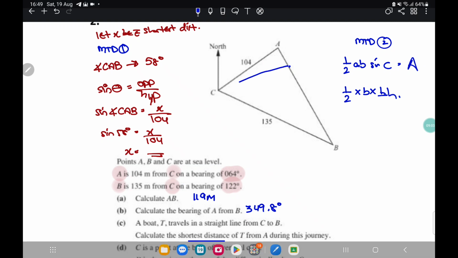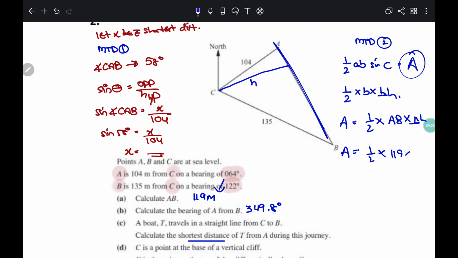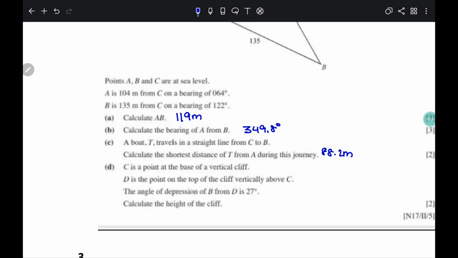If this is the perpendicular height that I want to use, the base will be here. Base AB I've already gotten in part A. So this area will be equal to half times AB times the perpendicular height. I have the area already, half times 119 times perpendicular height. So find the perpendicular height using this method. Your answer will be 88.2 meters for part C.